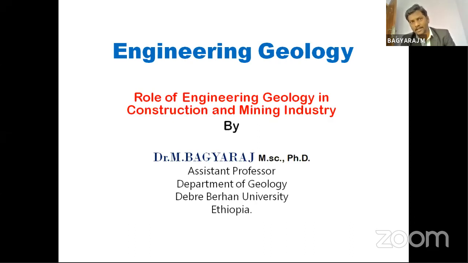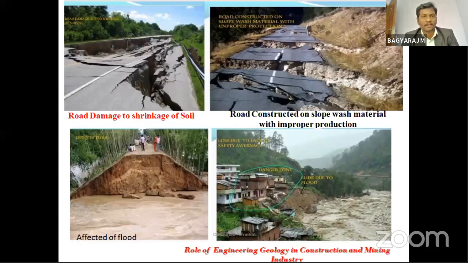Before starting, I have to show some pictures. The first one is road damage due to shrinkage of soils. The second one is a road constructed on a slope with weak materials and improper protection. The next one is affected by floods.